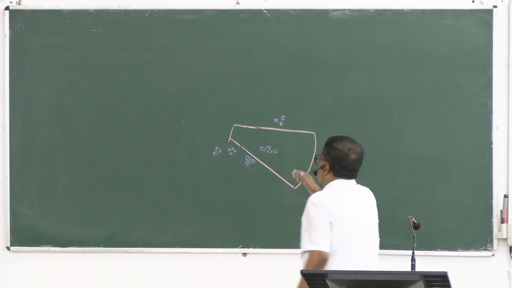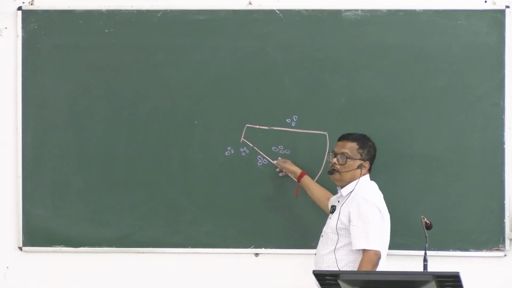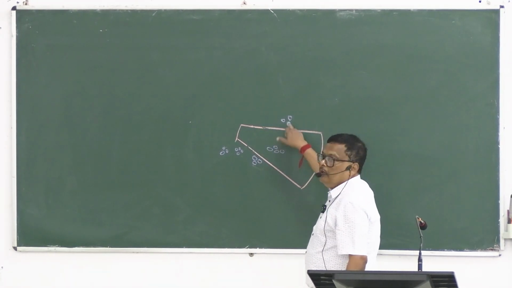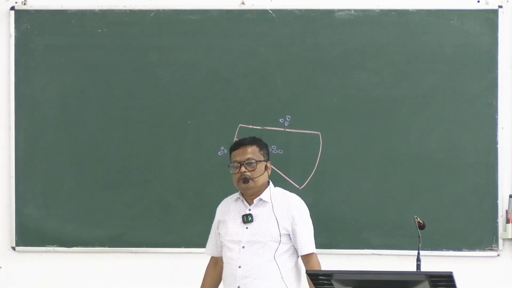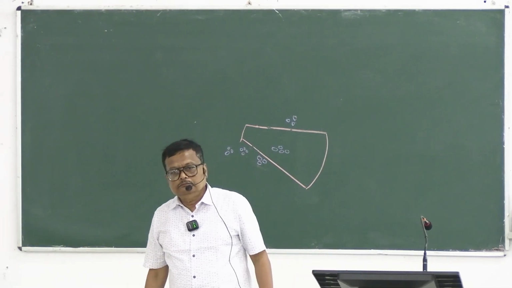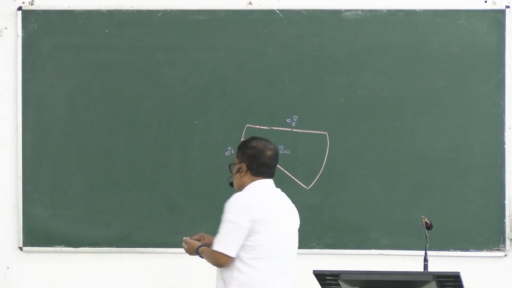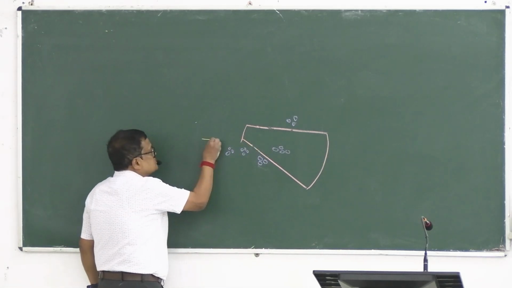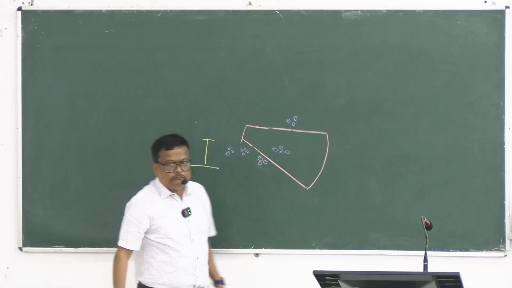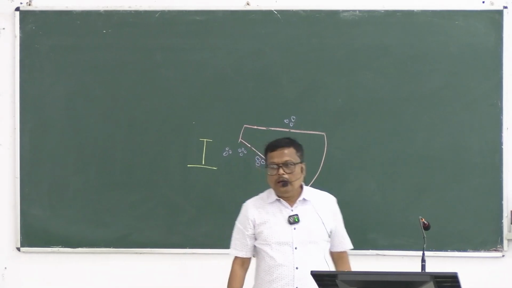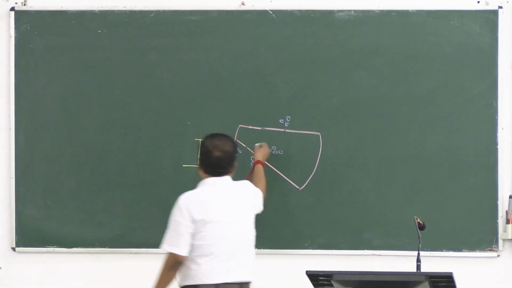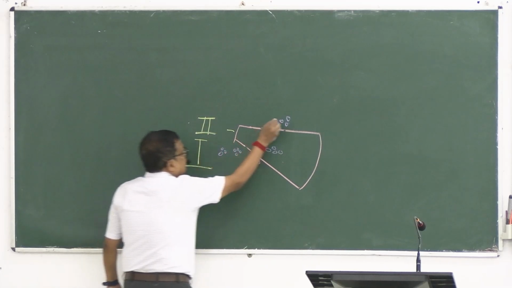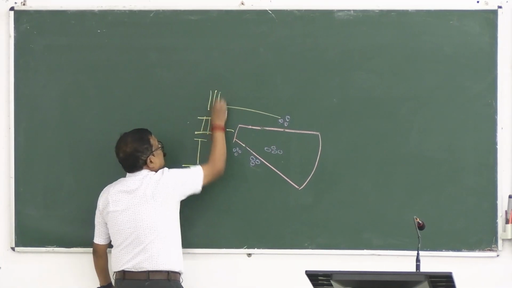The central group lies behind the pectoralis minor muscle, and the apical group lies above the pectoralis minor muscle. So surgeons call the nodes which lie below the pectoralis minor level 1, those which lie behind the pectoralis minor, the central, level 2, and the apical, level 3 lymph nodes.